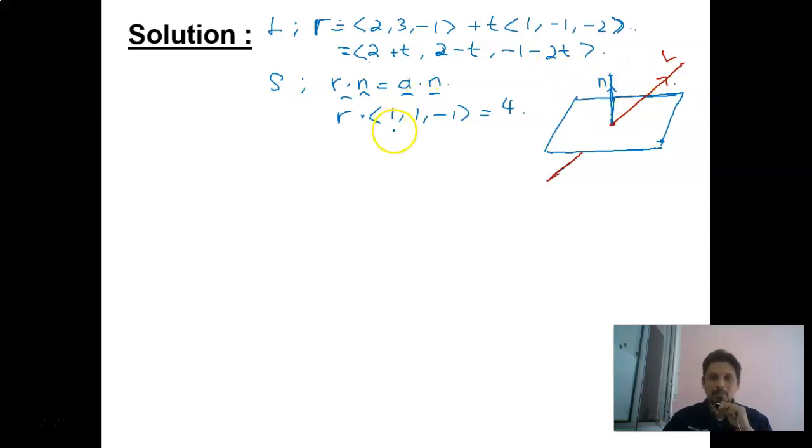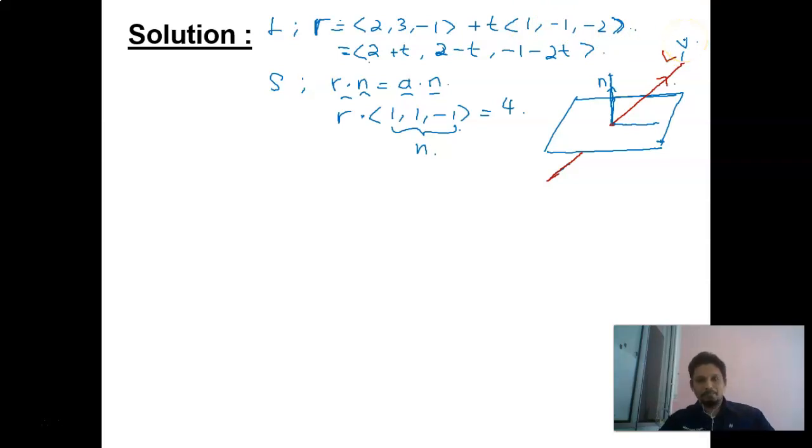So the normal, we can refer to this one here. This is the normal, and this is the surface of the plane. And for L, we are referring to v, which is (1, -1, -2) here.